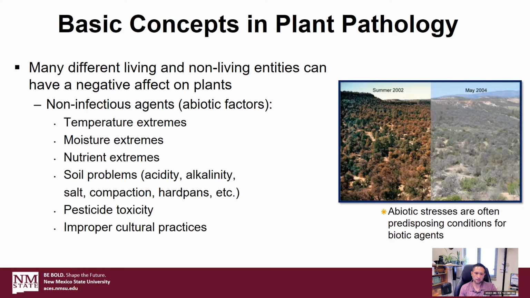And then finally, improper cultural practices. That can be planting your tree too deeply, so those roots aren't able to get enough oxygen and grow properly, or even planting too shallow, and with our crazy winds, it's just going to knock it over. Or planting the wrong tree in the wrong place. That can also have an effect on how your tree grows.